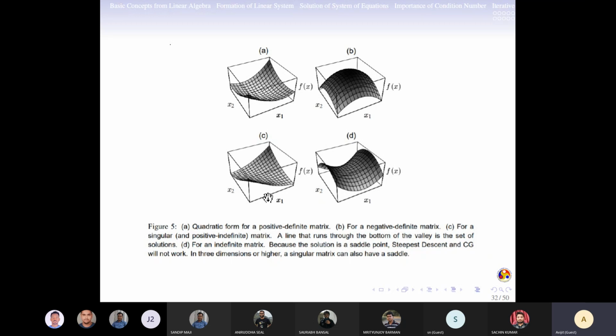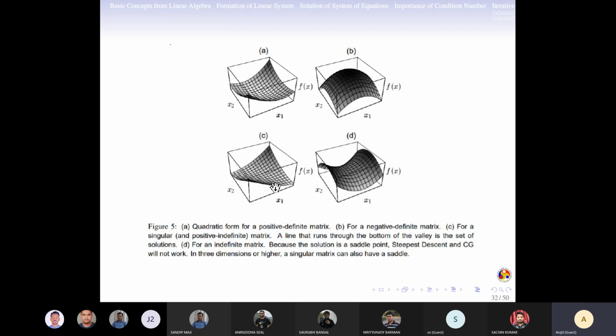And if A is singular, or indefinite, then two things can happen. One is no solution, one is infinitely many solutions. In that case, you will get infinitely many solutions because the bottom line in this valley will give you the solution.